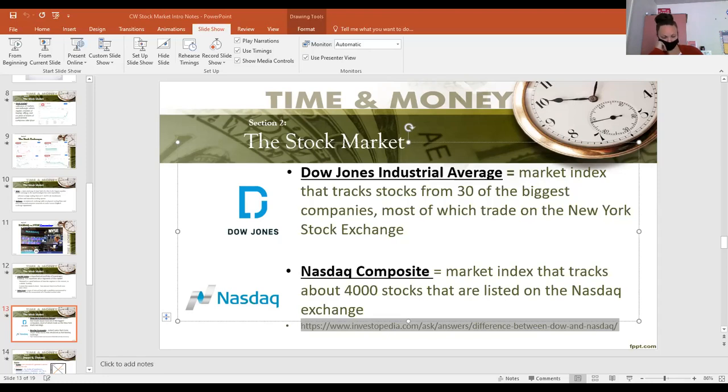It can also refer to the NASDAQ Composite Index, which measures the performance of a portion of the stock market as well. The Dow and the NASDAQ both refer to an index or an average that's calculated from the performance of certain stocks. The Dow tracks stocks from 30 of the biggest companies in their respective industries, most of which trade on the New York Stock Exchange. The NASDAQ tracks about 4,000 stocks that are listed on the NASDAQ exchange. Investors cannot trade the Dow or NASDAQ, but they can buy index funds or ETFs that track either one.